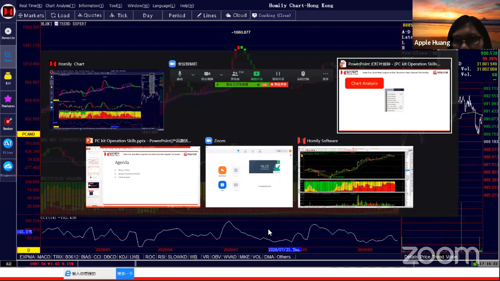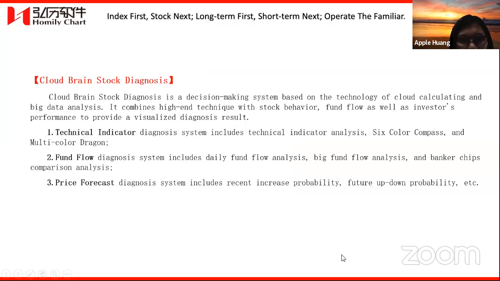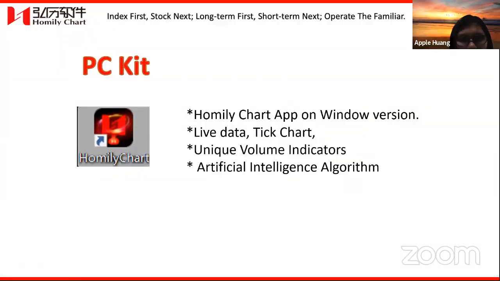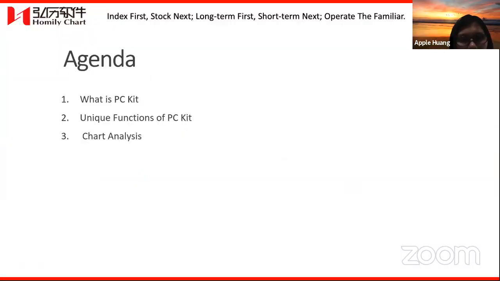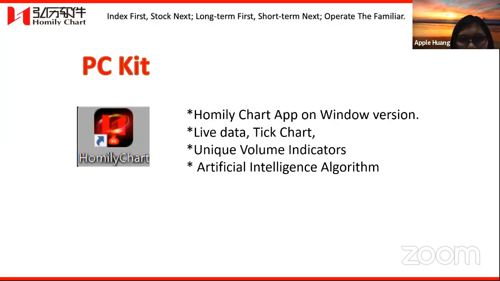So I do a quick review. Today we learned what PC kit is. PC kit is actually the handphone chart software that runs on PC Windows. It has live data. It also has some unique volume indicators. It also has some AI algorithm, so it can do stock diagnosis for you.